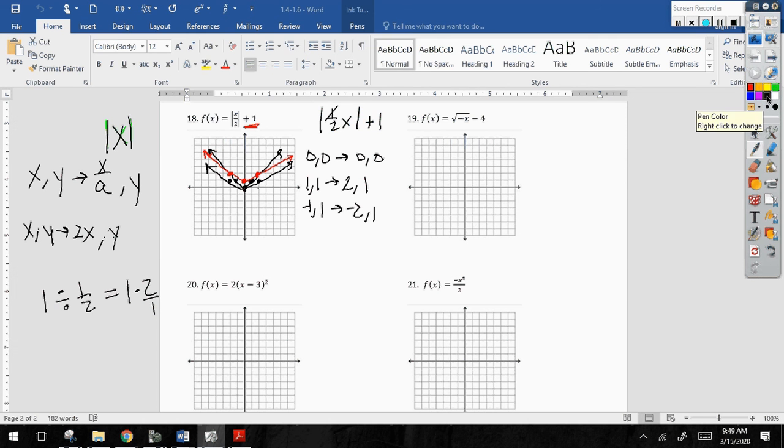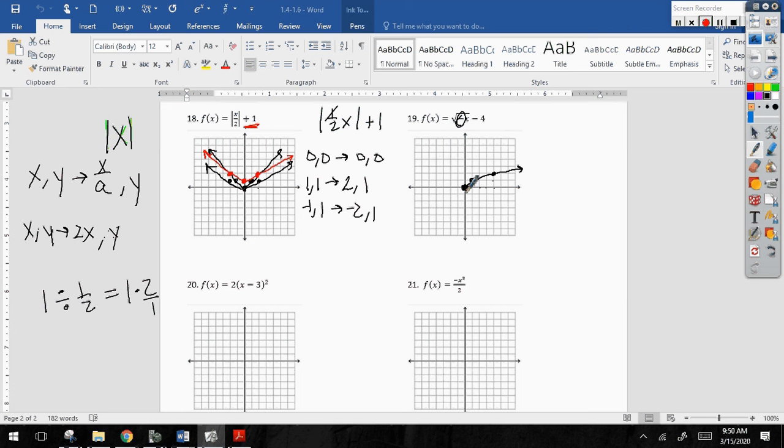All right, number 19. I'm going to start with that square root graph, which has 0, 0, 1, 1, 4, 2, and kind of looks like half of a parabola on its side. First thing I am going to do is reflect it over y.